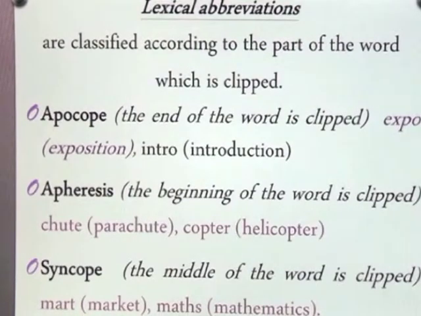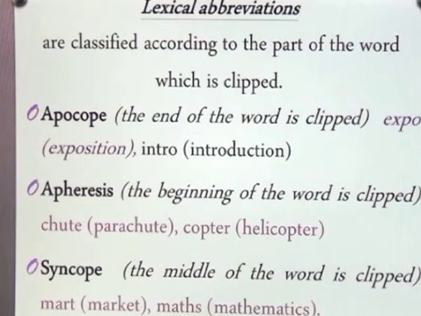Lexical abbreviations are classified according to the part of the word which is clipped. Apocope, apheresis, and syncope. Apocope, the end of the word is clipped. For example, expo from exposition.